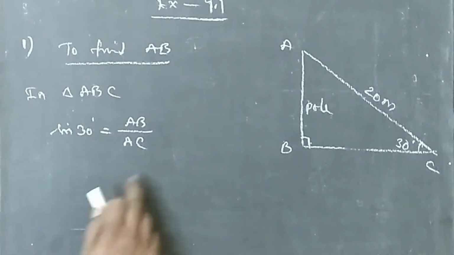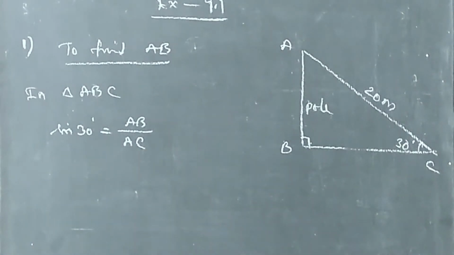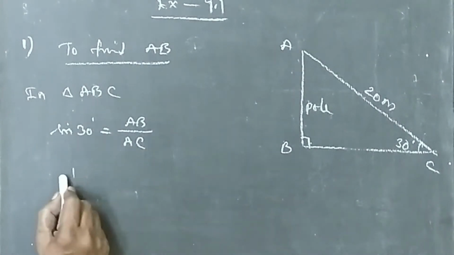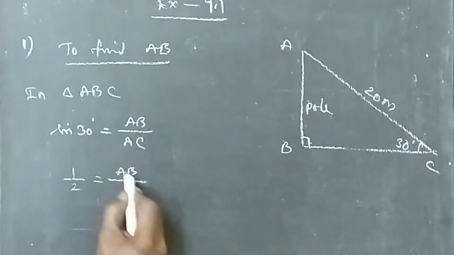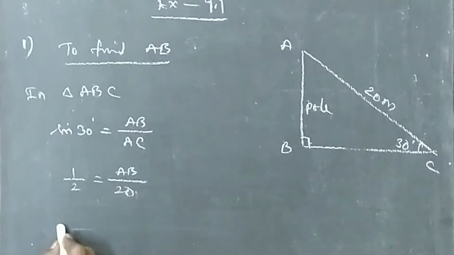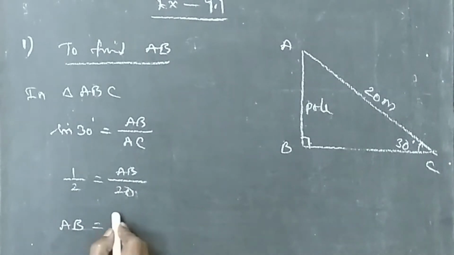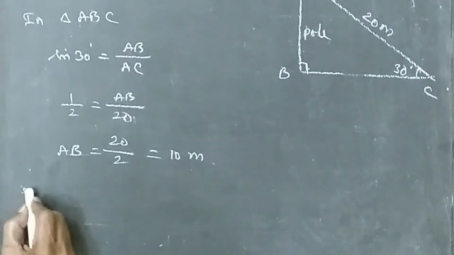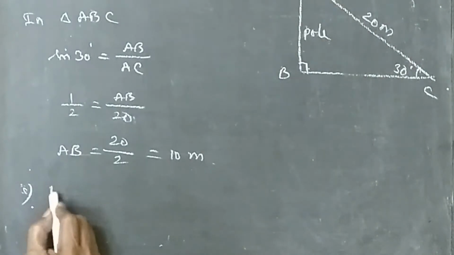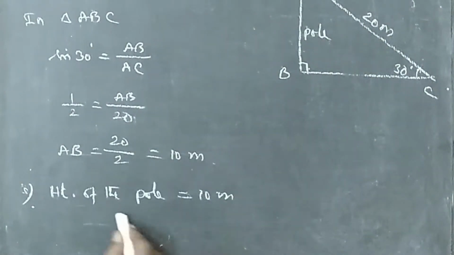Hello guys, sin 30 is how much? Yeah, 1 by 2. This equals AB by 20. AB is equal to 20 by 2, which is 10 meter. That is, the height of the pole is equal to 10 meter.